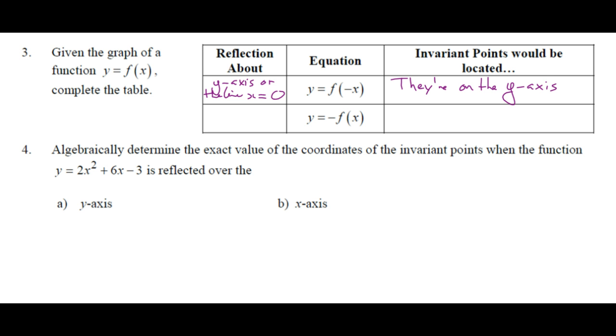If a point's on the y-axis, then we say that it is the y-intercept. Okay, so y-intercept, or intercepts, if there's more than one. Okay, you should be able to fill in the next line.